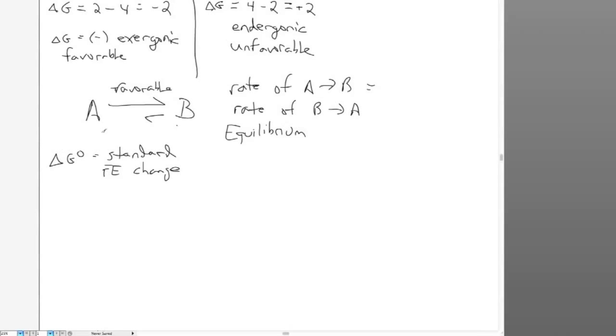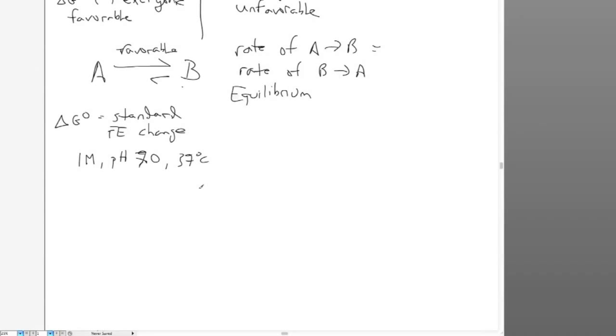And what this means is whether or not a reaction is favorable when all the molecules in that reaction are at 1 molar concentration, a pH of 7.0, sorry, it looks like a 9, but 7.0, okay, and 37 degrees Celsius. So now we can talk about reactions on a general level about whether or not the reaction is just favorable at these most ideal conditions.